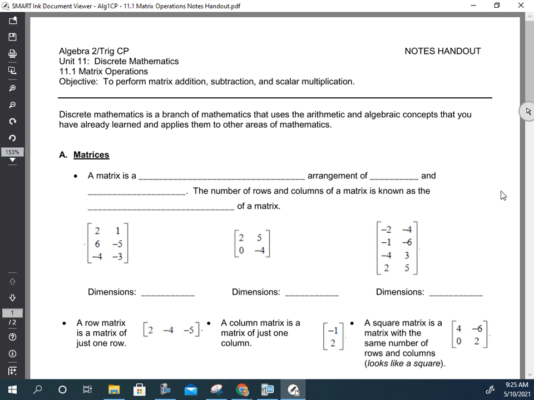Those of you who are going to college, whether it's 2-year, 4-year, trade school, etc., may have to take a math class that isn't an algebra class, but uses a lot of the arithmetic and algebra skills that you've learned in high school.